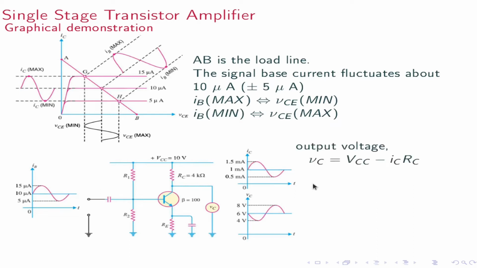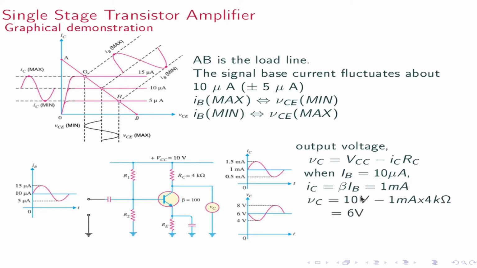So let us calculate the output voltage. The output voltage VC is equal to VCC minus ICRC. When IB is equal to 10 microampere, then IC is equal to 1 milliampere, that is beta IB. Therefore VC is equal to 10 minus 1 into 4, where 4K is the RC, that is 6 volt. So this is the base, 6 volt.